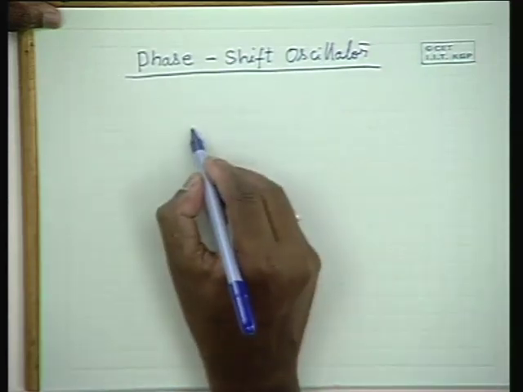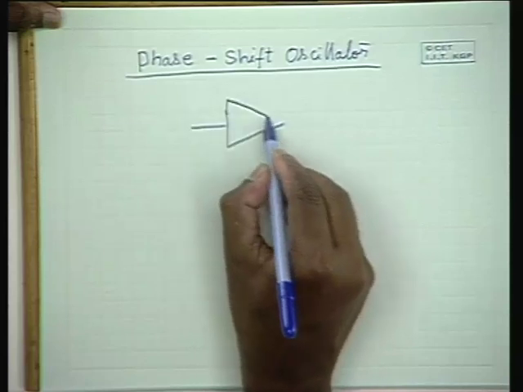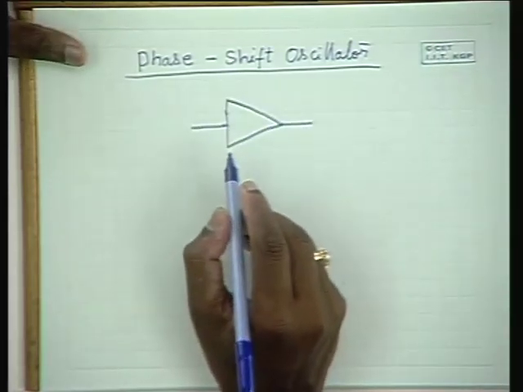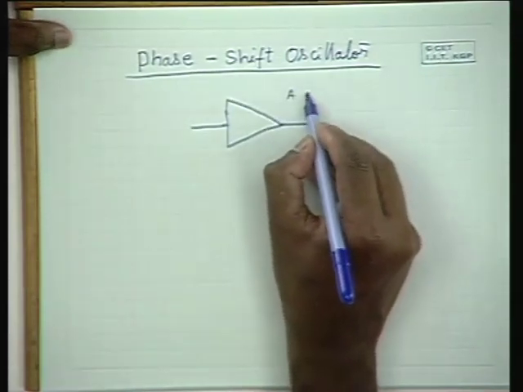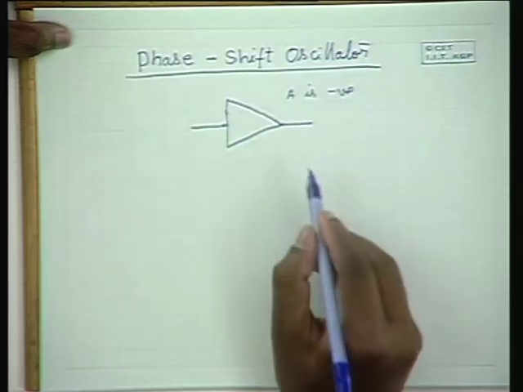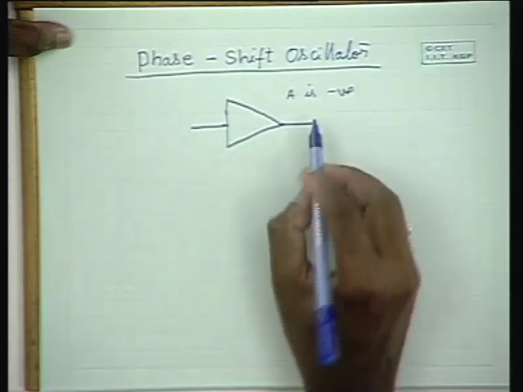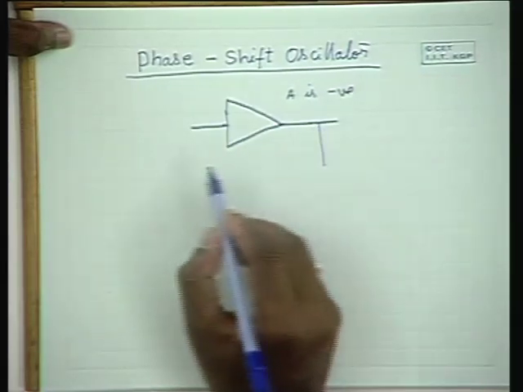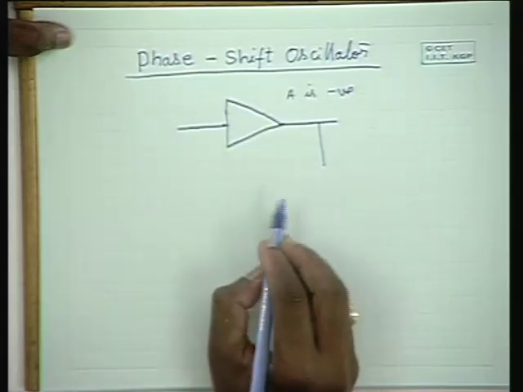It uses an amplifier, either a transistor amplifier or an op-amp amplifier, with typically negative gain. So A is negative. Therefore, out of A beta, 180 degrees of phase shift is already here. And to produce the remaining 180 degrees phase shift, one can use an RC network.